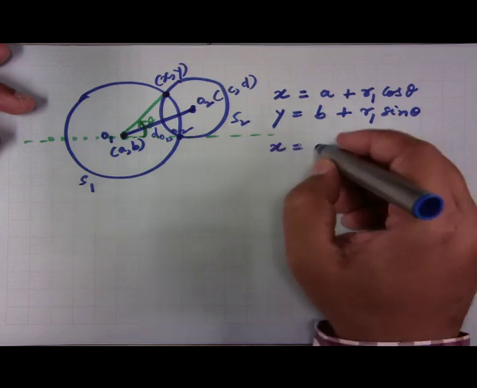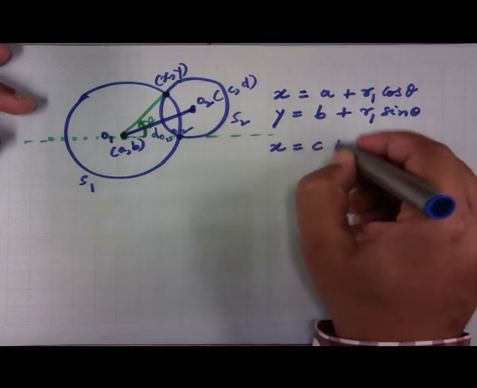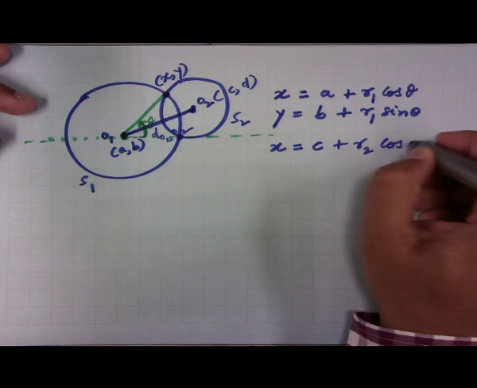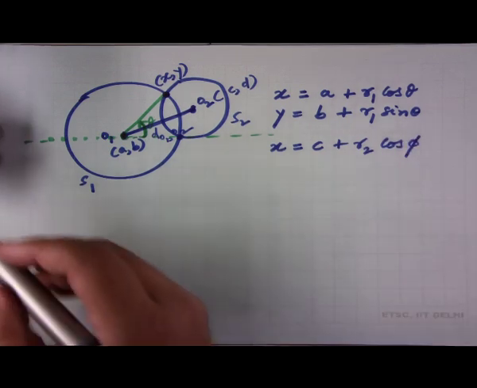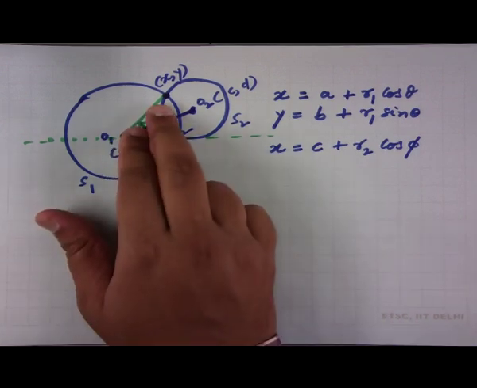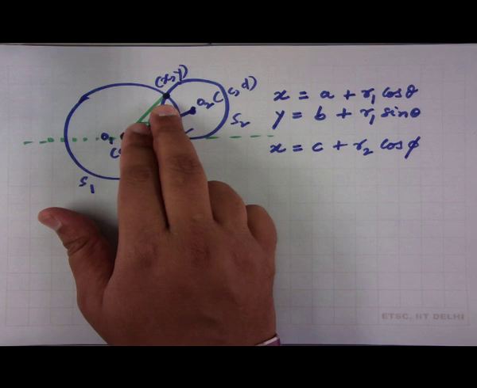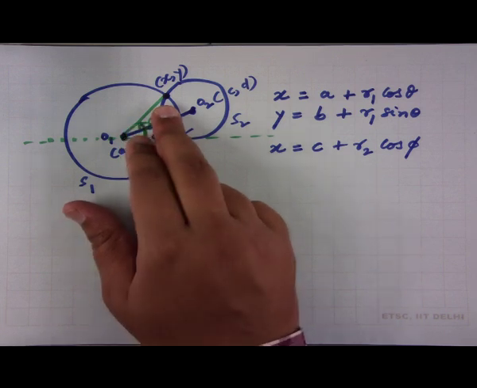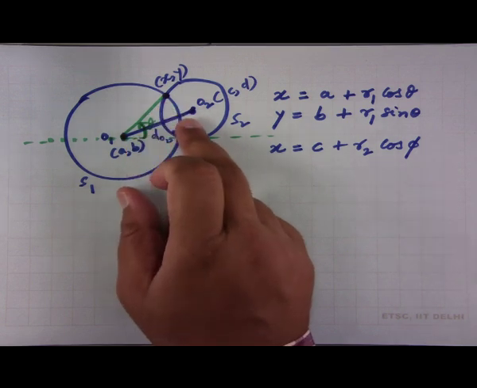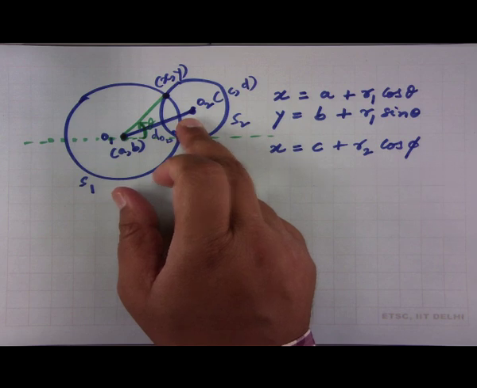In that case, x is equal to c plus r2 cosine of some other angle phi, because now the angle will be different, because now we are trying to express the coordinates of this point x and y in parametric form with regard to the second circle S2.